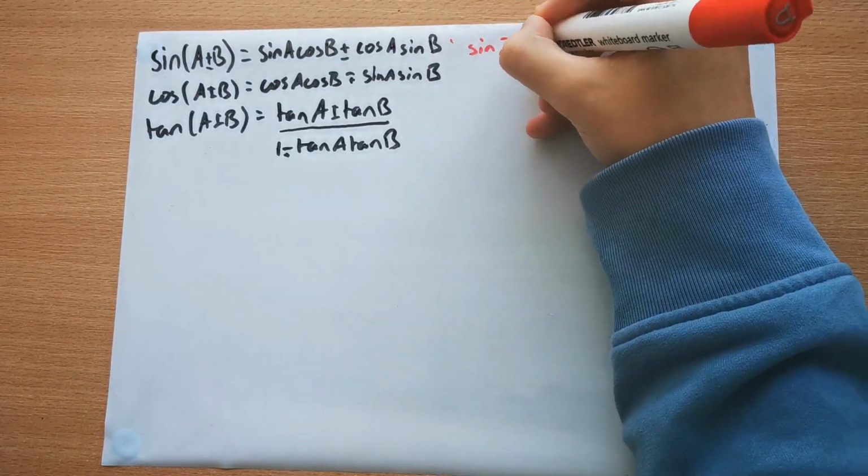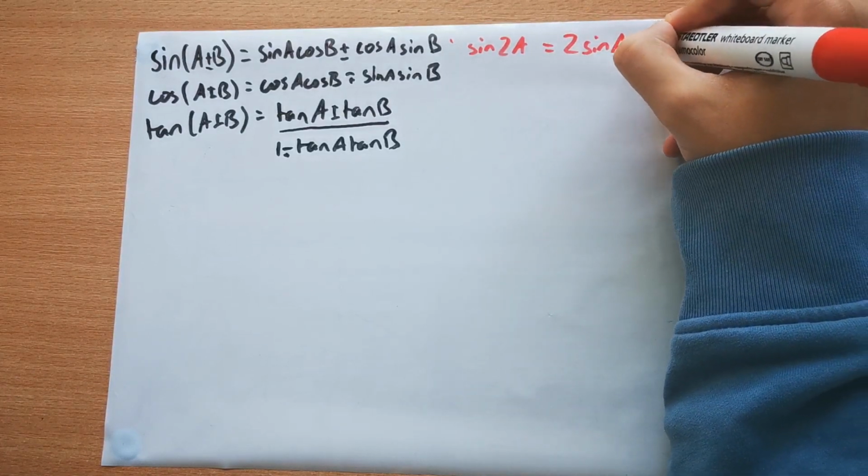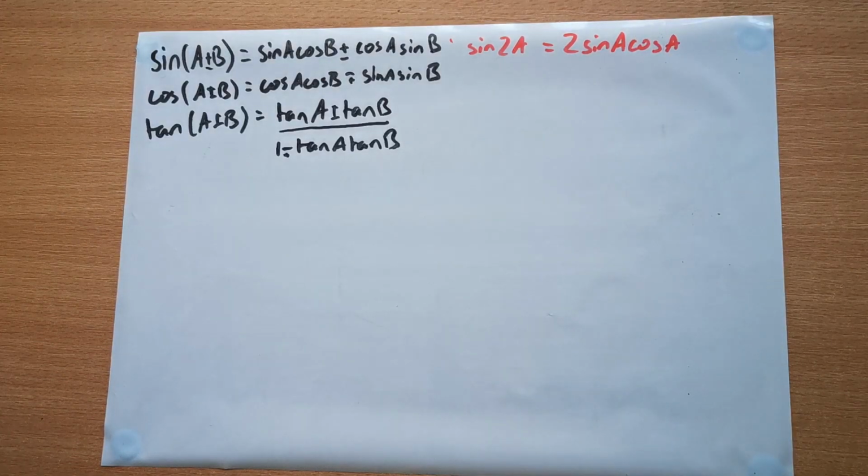Sin 2A is equal to 2 sin A cos A. Nice and easy to remember.